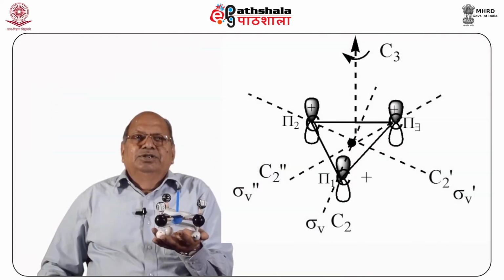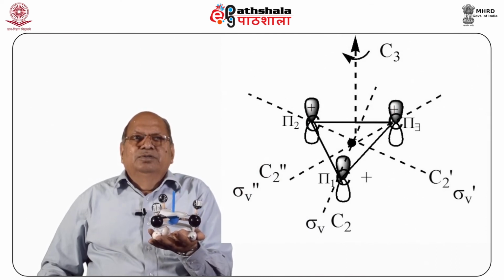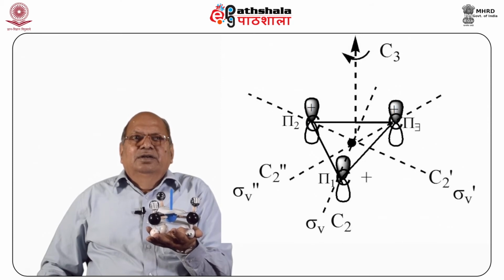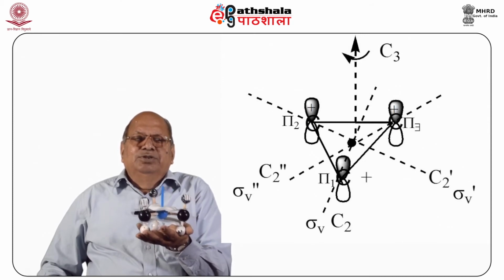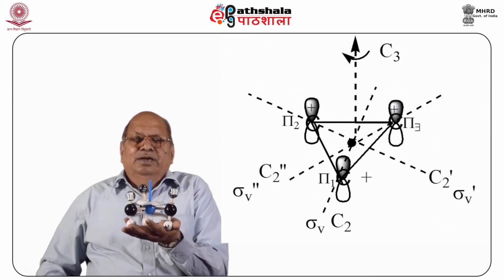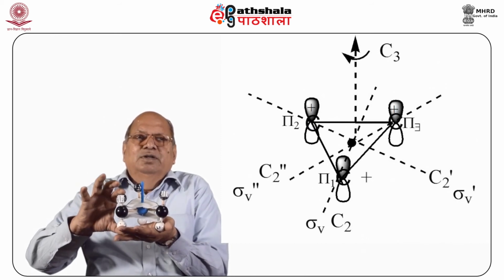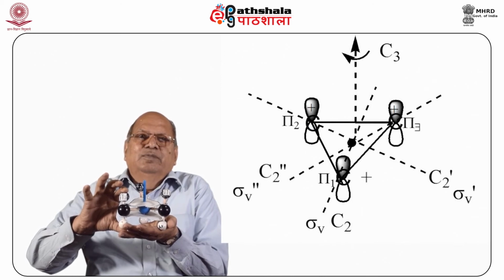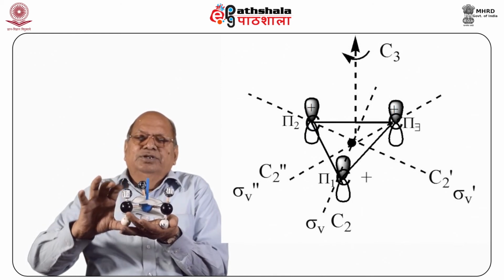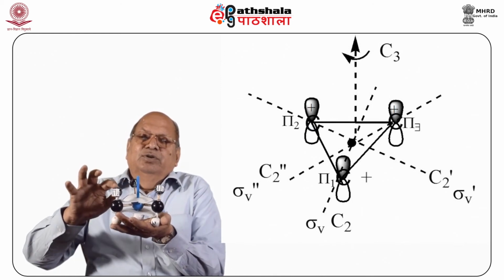Now let us take the model of the C3H3 positive cation. In this I am just showing over here, this black and this white part are showing the pi orbital on each carbon atom. There are 3 pi orbitals.